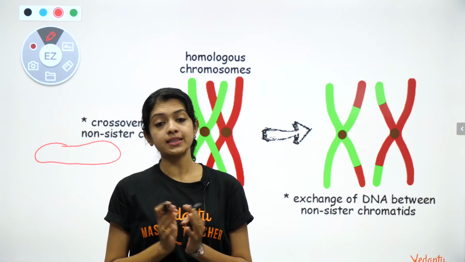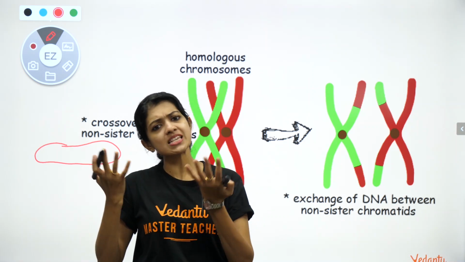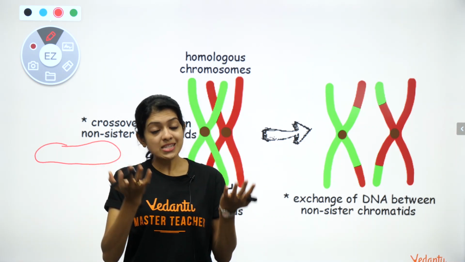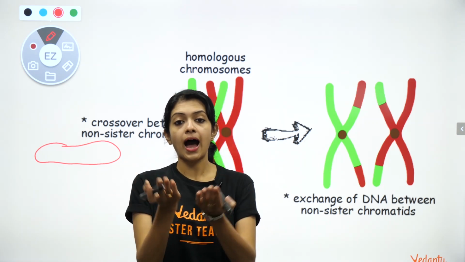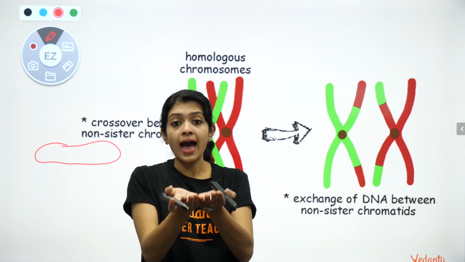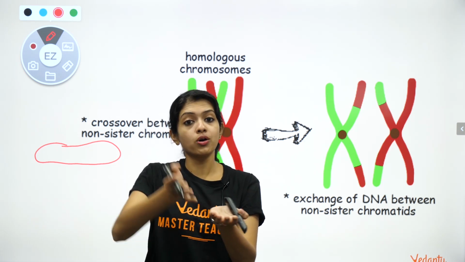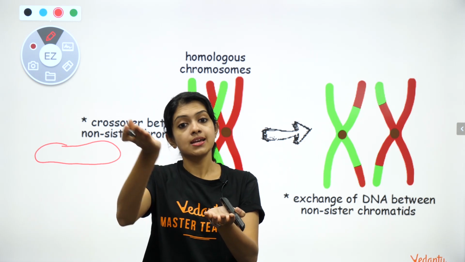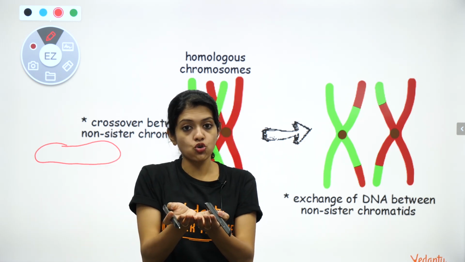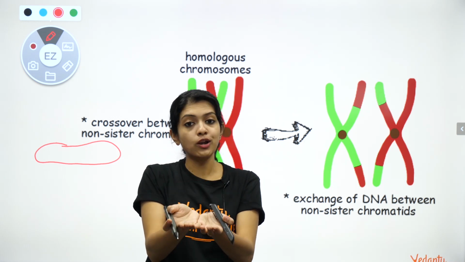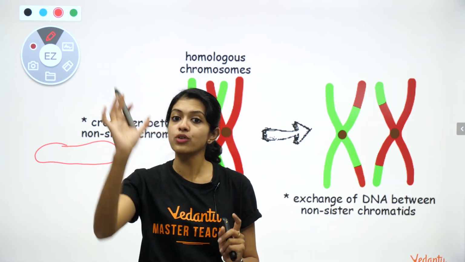Now why do we call them 23 pairs and not 46 chromosomes? 46 is not wrong, but 23 pairs is more appropriate because most of them are paired with their homologous corresponding chromosome. And in one pair of chromosomes, in your first homologous pair, you have got one member from your mom and the second member from your dad.